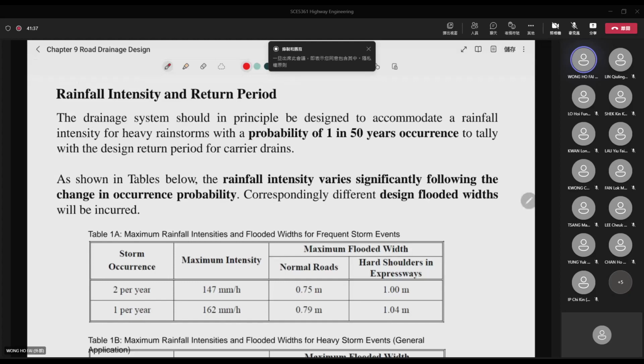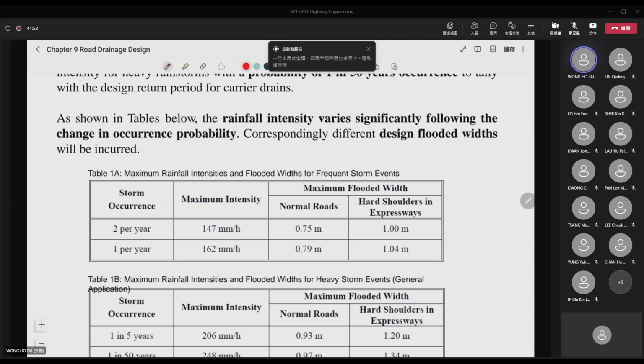And as you can see, the rainfall intensity with the storm occurrence are as follows. So for the table 1A, you can see the maximum rainfall intensity and the flood width for the frequent storm event. Like the first one is 2 per year.